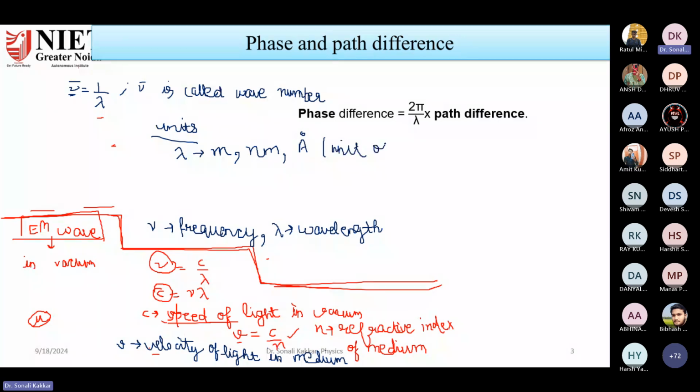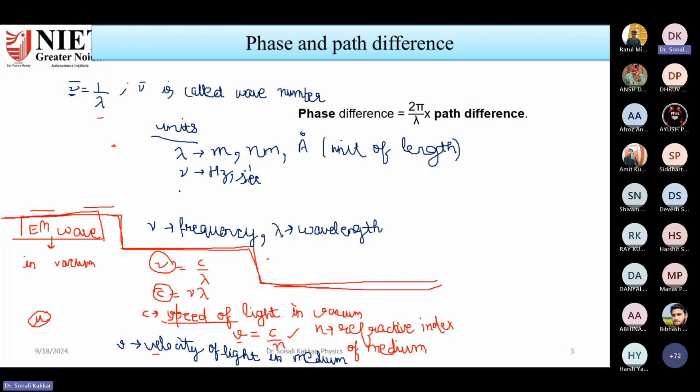What are the units of frequency? Hertz. Yes. And also one more unit is there. Second inverse, the inverse of the unit of time. 1 hertz is equal to 1 second inverse.